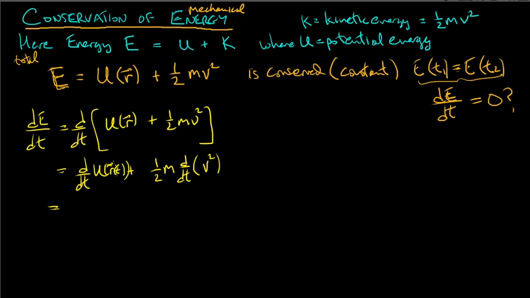We're taking the derivative of u with respect to time. That's really just the gradient of u, as a function of r, dot product the derivative of r. That's the chain rule.